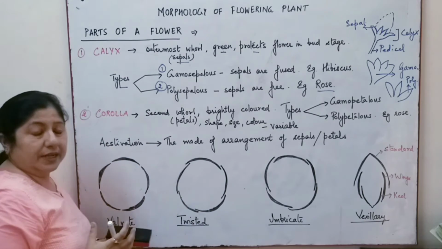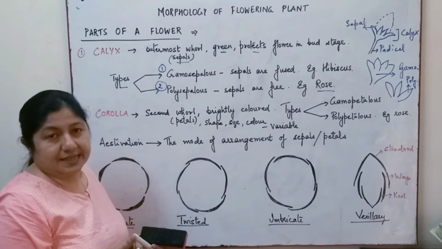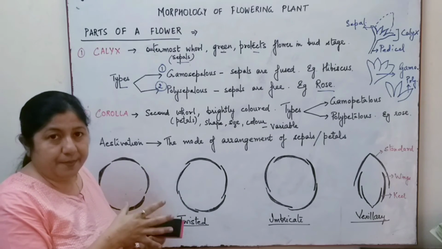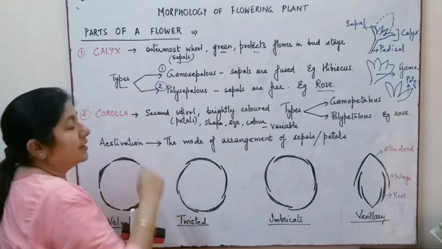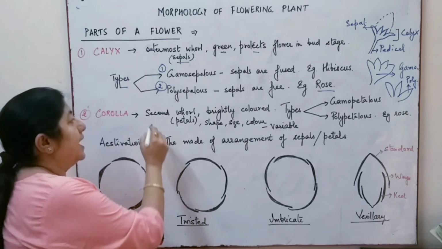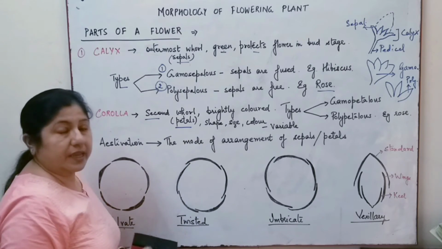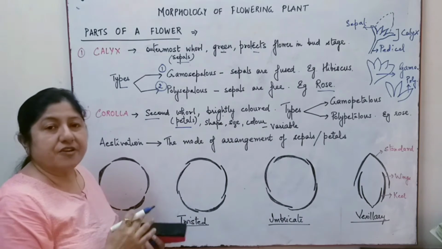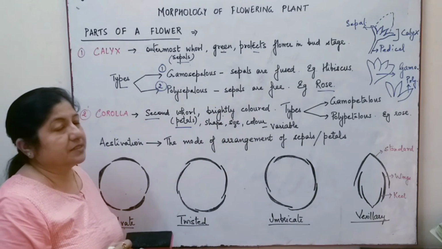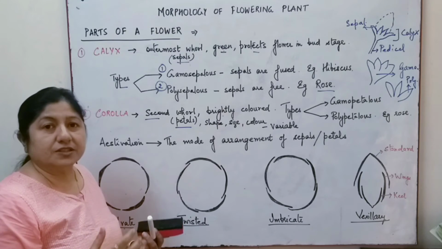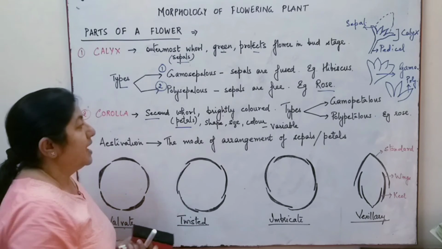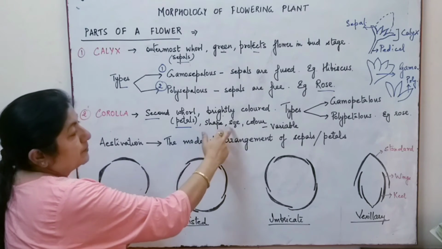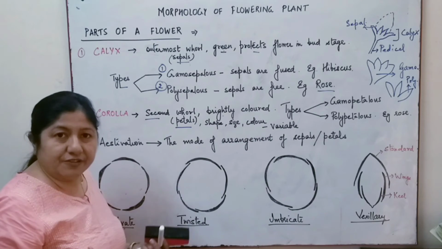The next whorl inside the calyx, that is after the sepals, the corolla is the second whorl, and this second whorl is brightly colored. It is variously colored. We see petals of various types, various shapes, variously colored, and their shape, size and color is highly variable.